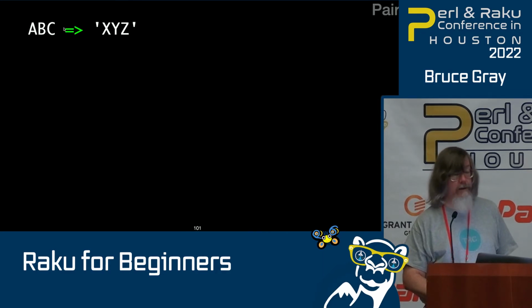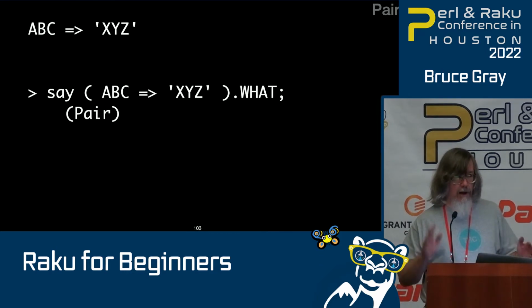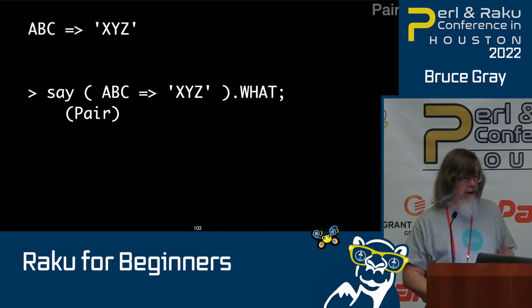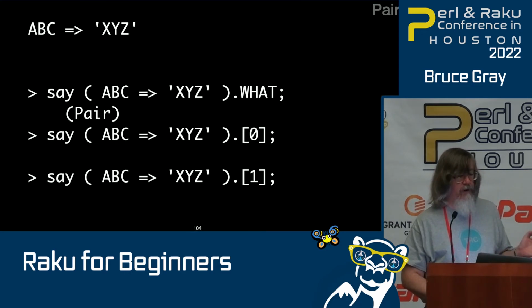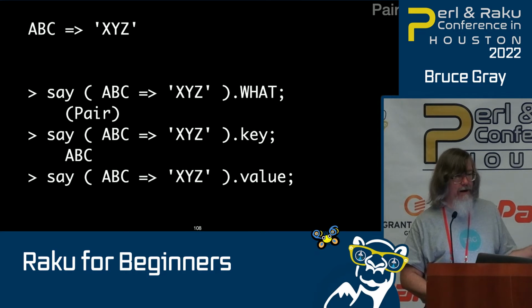It still quotes the thing on the left and hoists it and the thing on the right into a pair object. It's an actual object type, pair, which is just like an array that always has two elements, except that you don't refer to the left and the right item as square bracket 0 and square bracket 1. You call them using the method dot key and dot value.